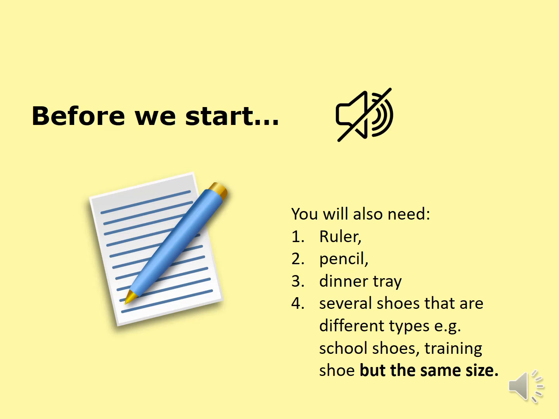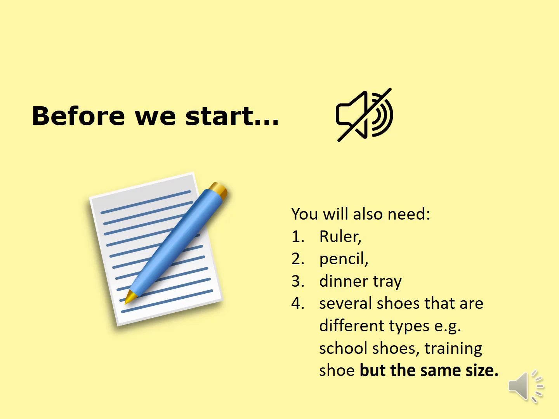But in addition to that, you will also need to find a ruler, possibly a 30 centimeter longer one, a pencil with a point, a dinner tray or something that's a sloping smooth surface, and then I'd like you to find either yours or belonging to someone else several shoes of the same size but are different types.